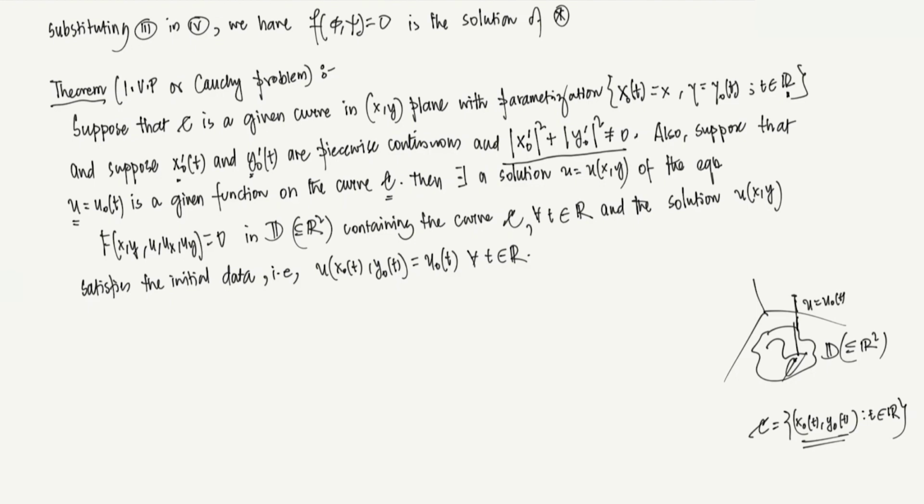Then you have a solution u of x, y that solves the equation which we want to solve in the domain D, in such a way that the initial data is satisfied. So u at the point x naught, y naught is nothing but u naught, which is given to us. So we get a solution such that the initial condition is also satisfied along with the equation. That's what it is saying.